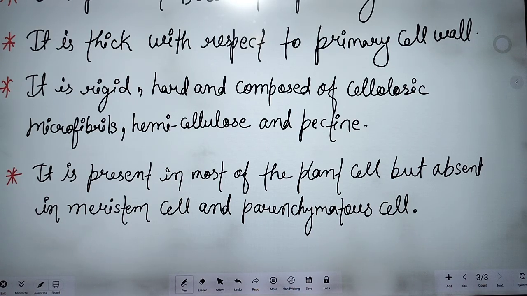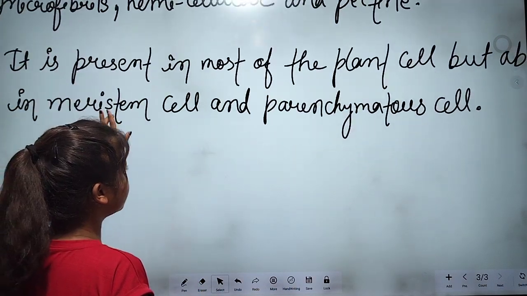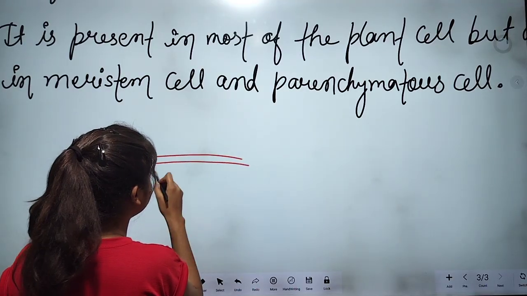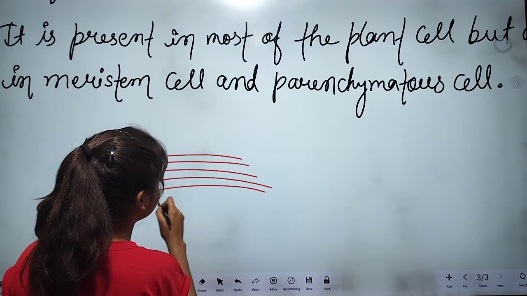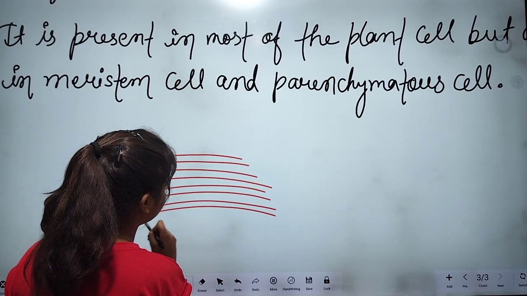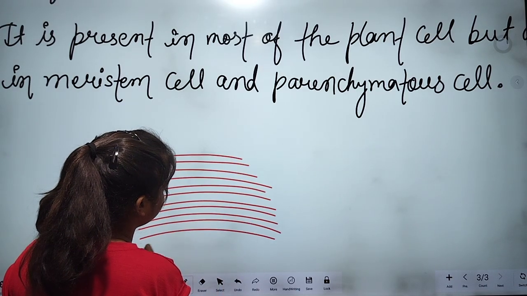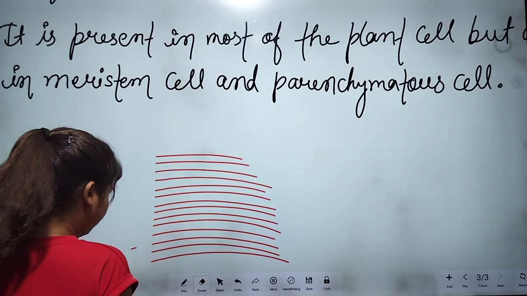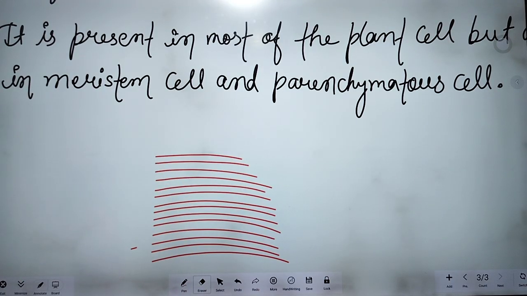Now after that, here is about the structure of secondary cell wall. Okay.